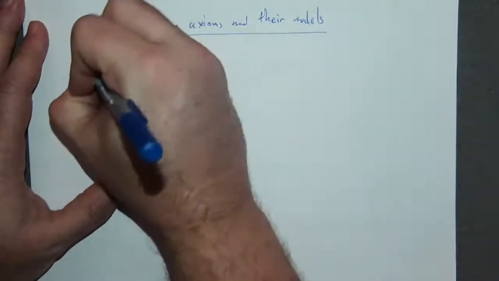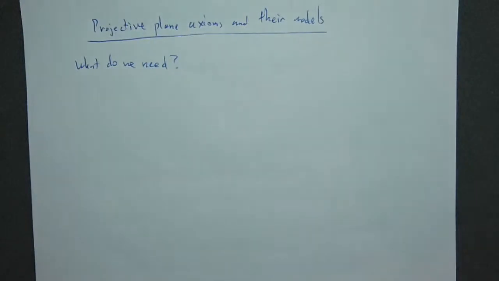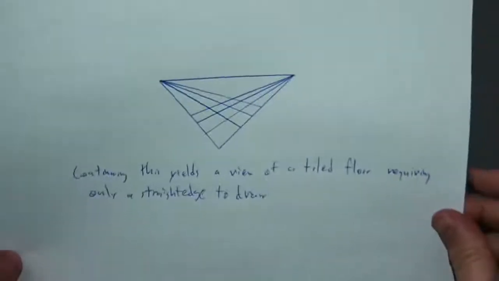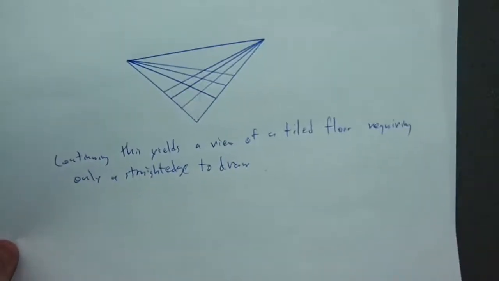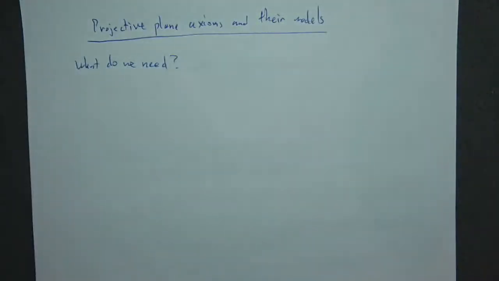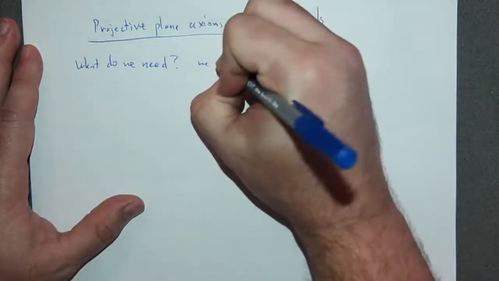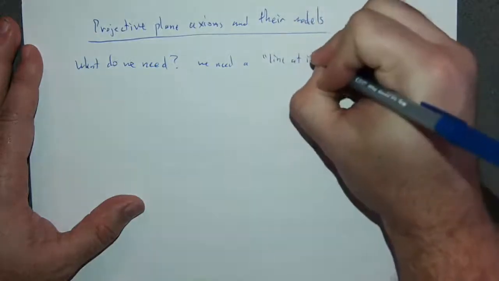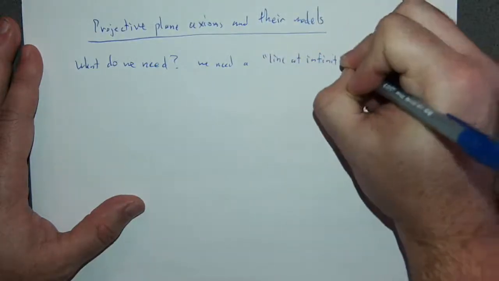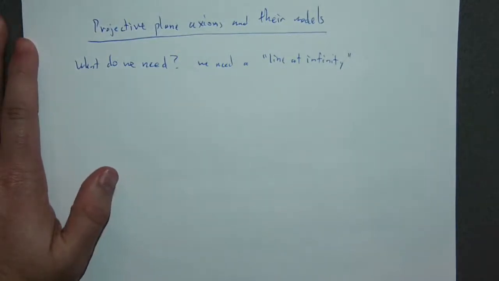So what do we need? So what did our construction require? We could do it with straight edge alone. Our construction required like a horizon line, right? So we need a line at infinity, the horizon.